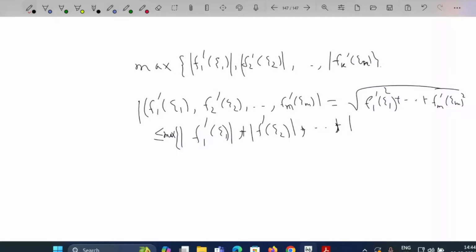I take the zeta_i for which the root of f1 dash squared of zeta plus f2 dash squared of zeta and so on will be maximum. Now I am choosing that zeta.